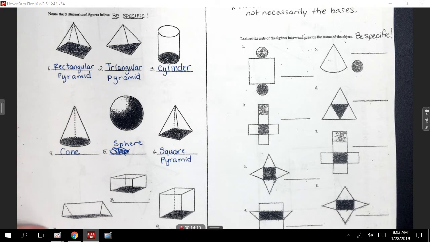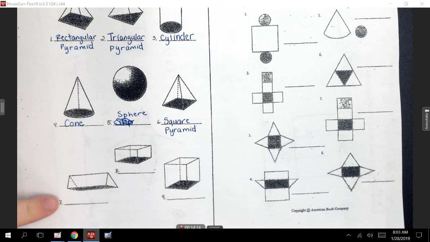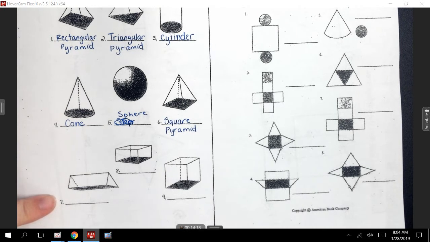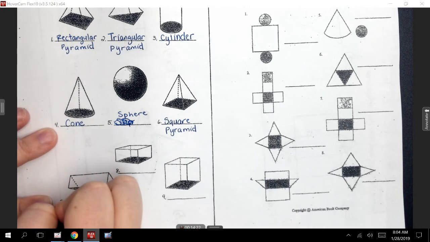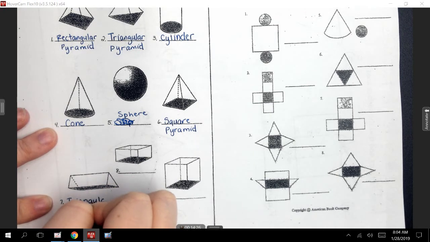All right, number 7. Now, number 7's skipping down. We're kind of going in a little funky order now here at the bottom. Here's number 7. I see some triangles. So is that going to be a pyramid? What's number 7 going to be, Grayson? Triangular prism. Why is this not a pyramid? Jose?